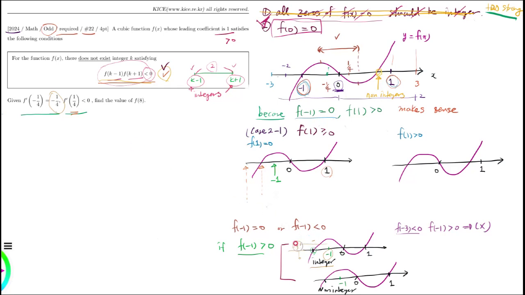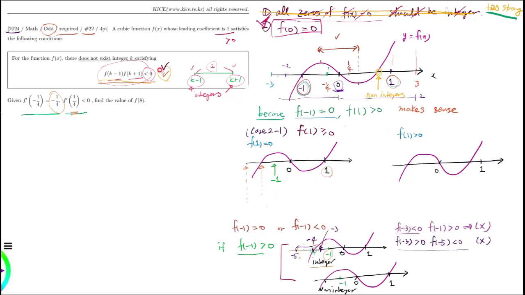And when the smallest zero is a smaller integer, say negative 4, then we have negative 3 as an intermediate value, which makes f of negative 3 positive, and its partner f of negative 5 is negative, so their multiplication will be negative.